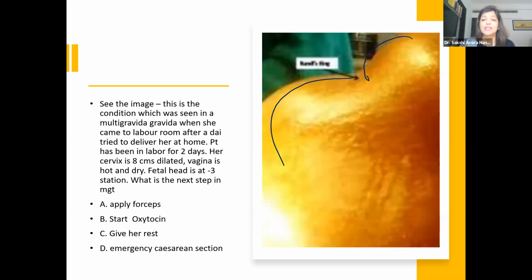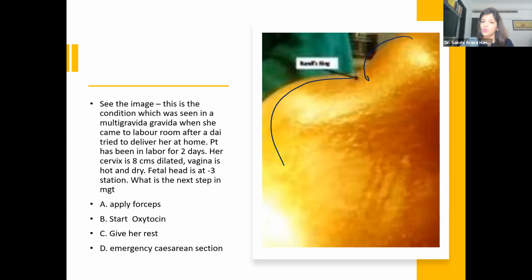Now, because it is a case of obstructed labor, no matter how much the upper uterine segment tries, the head of the baby will not get delivered, right? So the upper uterine segment will try very hard to push the baby out, and as a result, it becomes tonically contracted, very, very thick, contracted, right? Whereas the lower uterine segment is dilated.